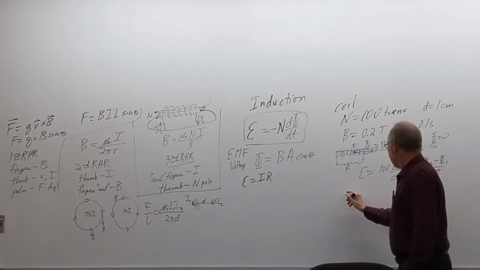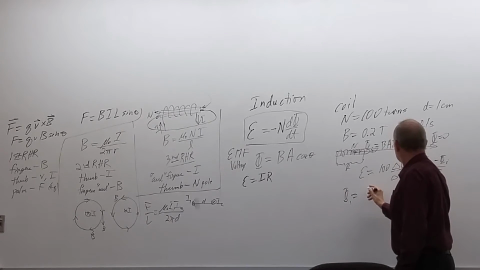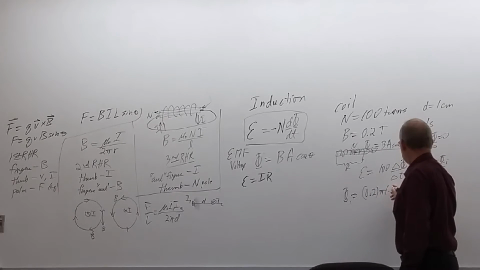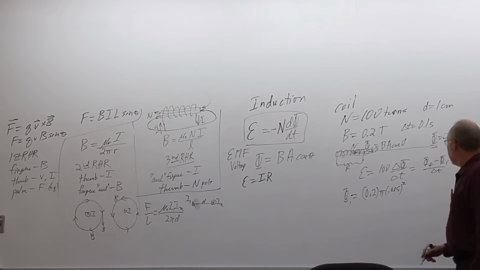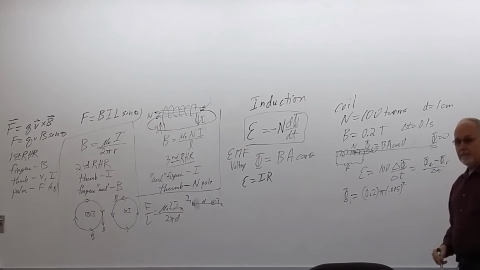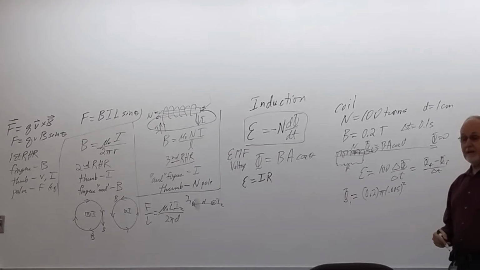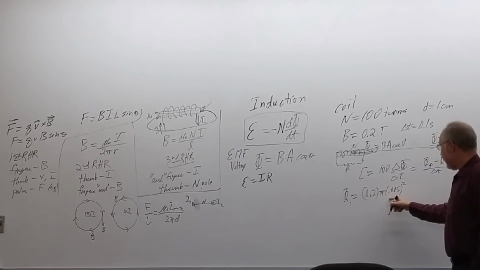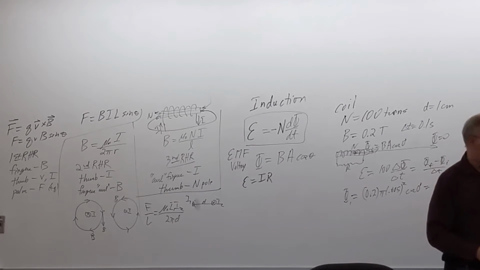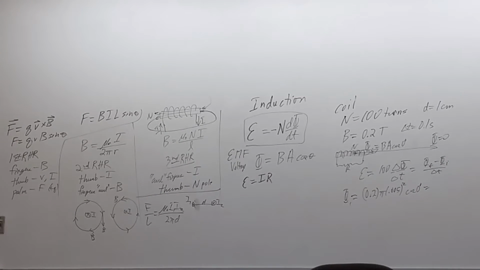So for this initial B times A, the initial flux, A is pi times 0.005 squared. 1 centimeter is 0.01 meters, so the radius is half of that, 0.005 meters. So B times A, cosine of 0, and whatever that is mathematically.